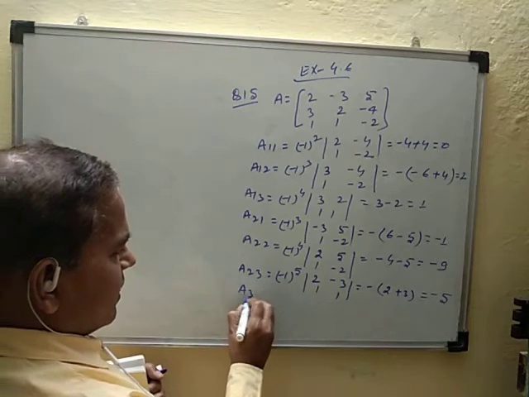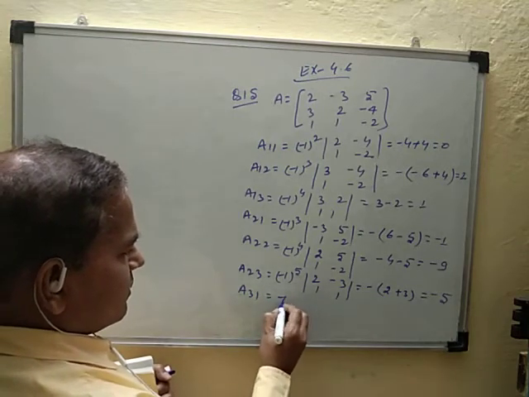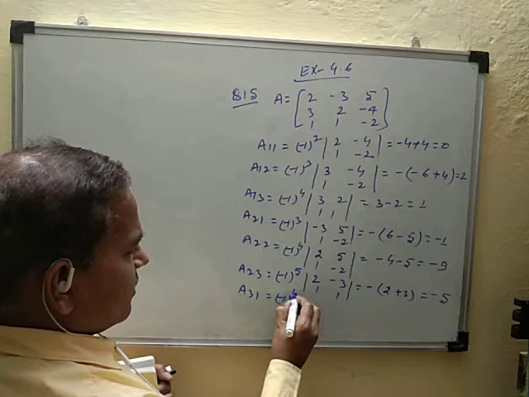Next find A31, that is minus 1 to the power 3 plus 1, 4.